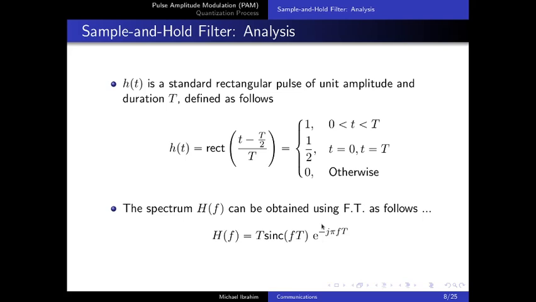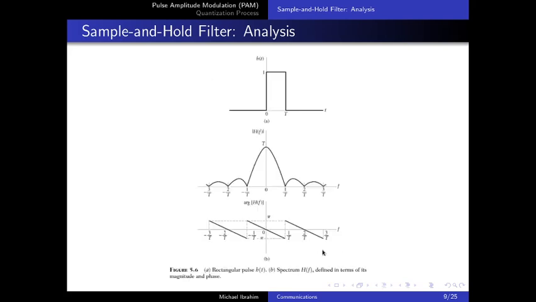And as you can see over here, we have a phase shift due to the delay we have in the time domain. So usually a shift in the time domain will give us a phase shift in the frequency domain. This is a rectangular pulse from 0 to capital T. It's not centered around 0, it's shifted to the right, and this is the corresponding spectrum.